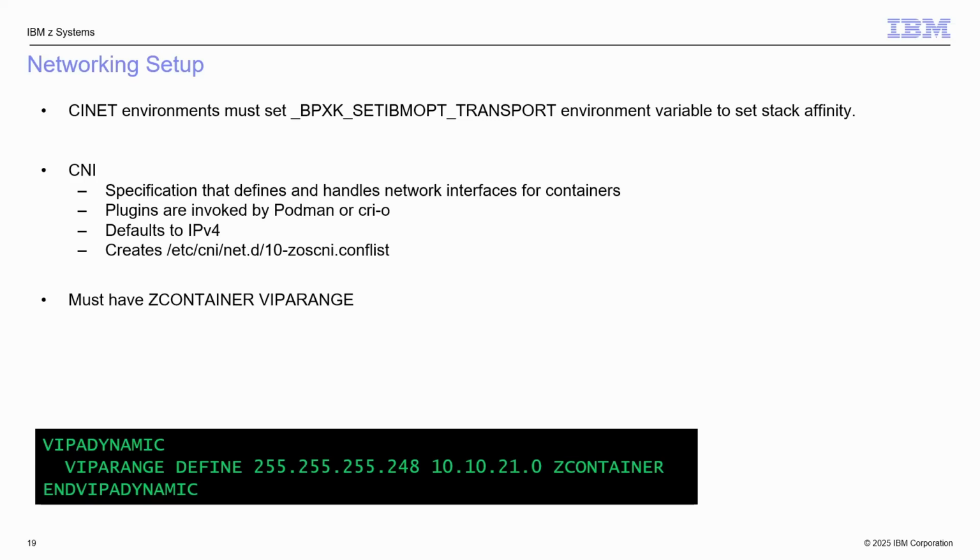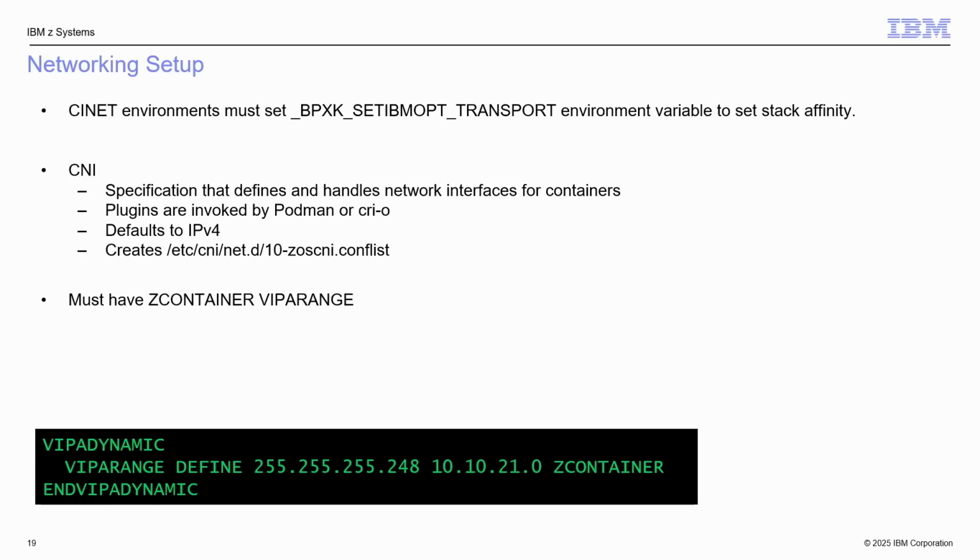Now, those pods and containers use ephemeral IP addresses. So when a pod comes up, it's given an IP address. And when it comes down, it gives that back to the range. When it comes back up, it will have a random IP address again that may or may not be the same.